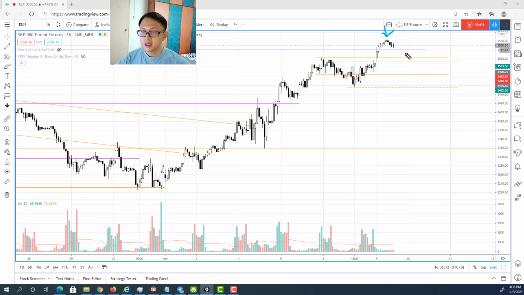Now I think the levels that we can take a closer look at or bet around is the support area, 35.40 to around 35.20. This support area is formed by the previous support level, and also the previous resistance that has now become support.